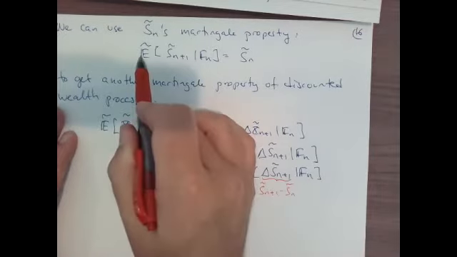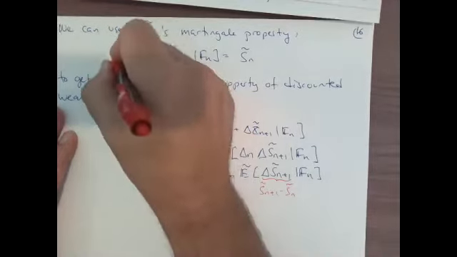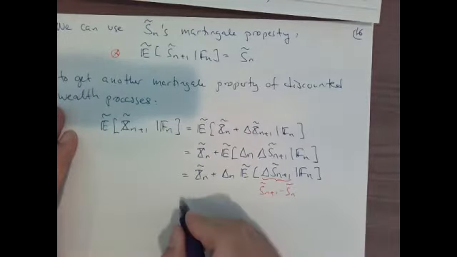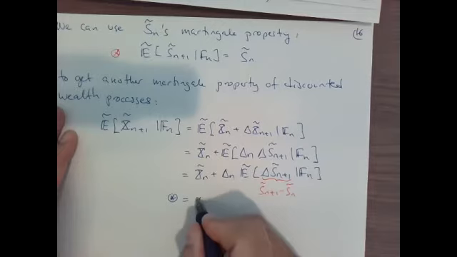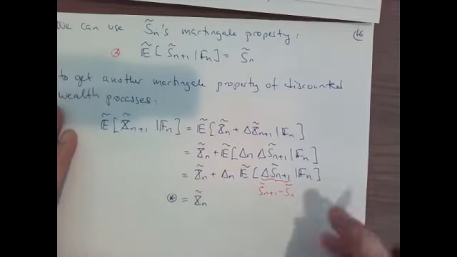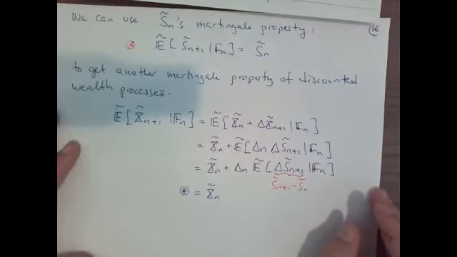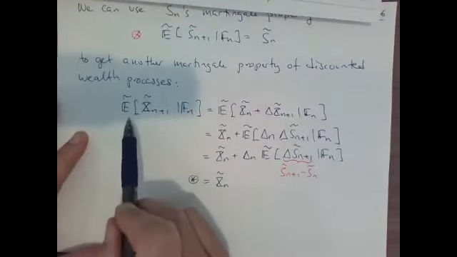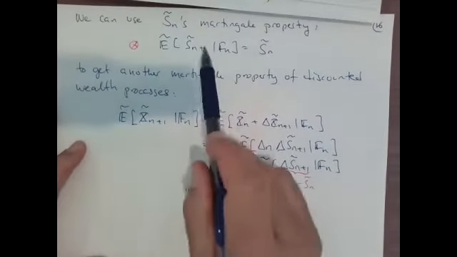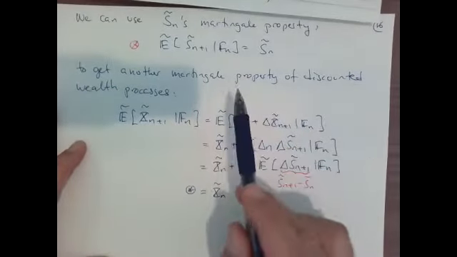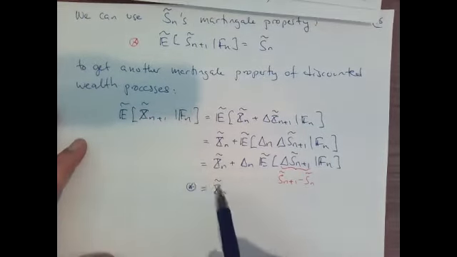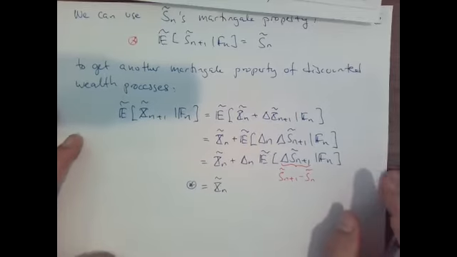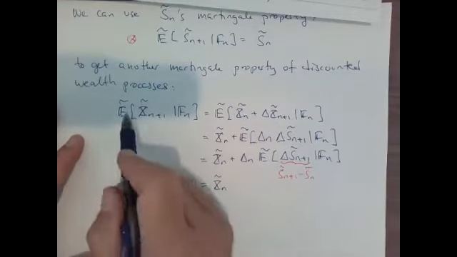So when I use this property up here, and we call it star, I'm just going to get X tilde n. So this shows you that not only is the discounted stock price a martingale under the tilde measure. Actually, what is true is that all discounted wealth processes are martingales under this tilde measure.